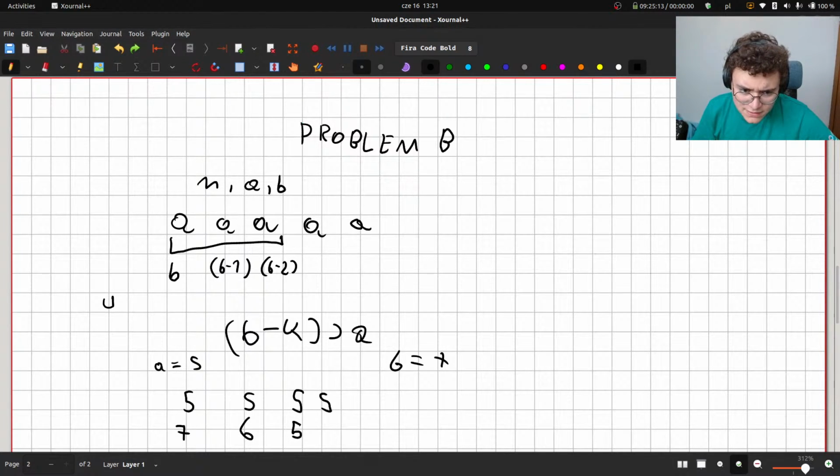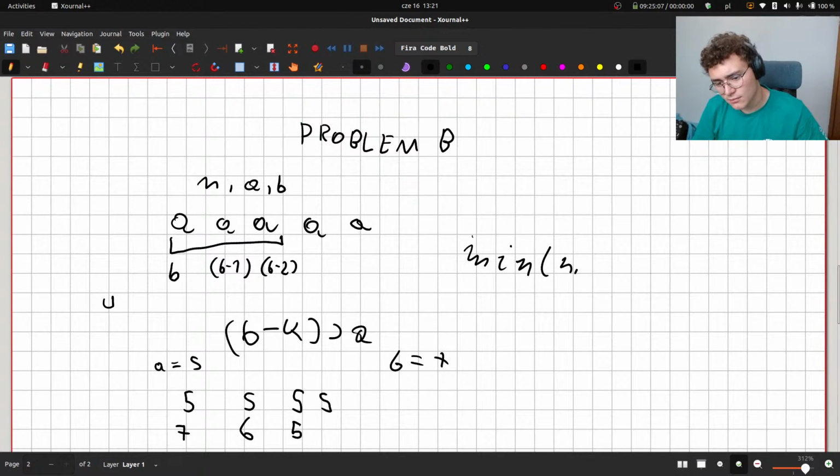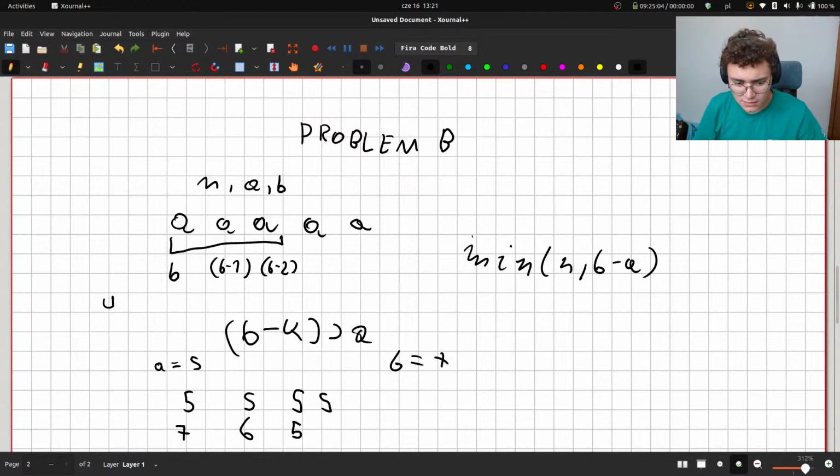So we can notice that our prefix will always have the length minimum of n and b minus I, right? Because these are the places where b minus I will be greater than a, right?